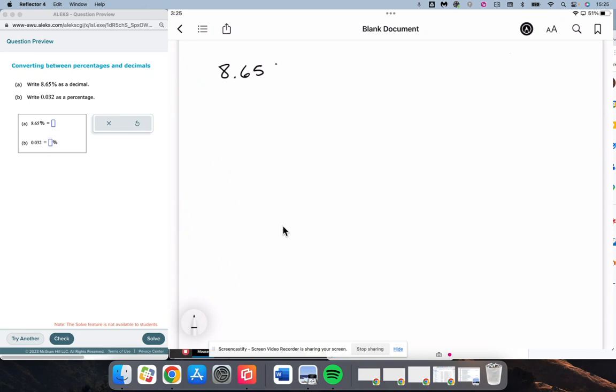8.65%. And when I write the percent symbol, I like to do it like this because when I see this, it's a helpful reminder to me that there's two decimals there, and that helps me remember that I need to move the decimal two places to turn it into a decimal. And so I'm going to put that decimal back in there.